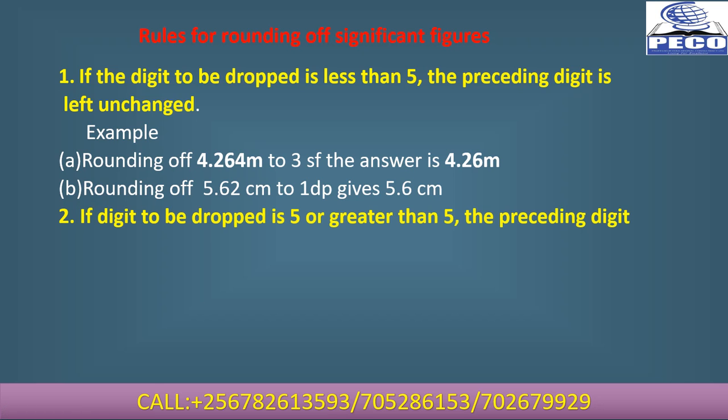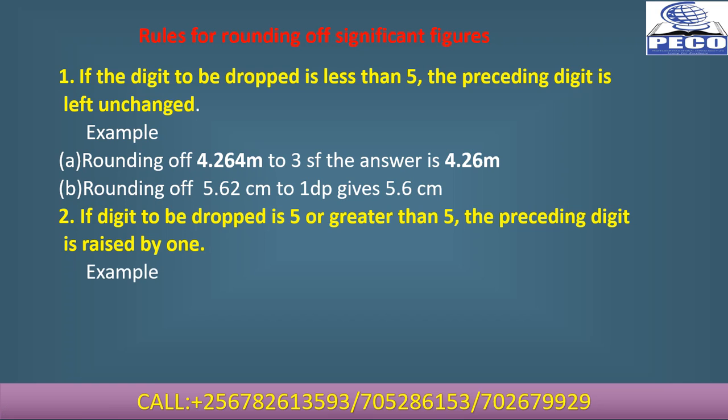Now how about if the digit to be dropped is 5 or greater than 5? The preceding digit is raised by 1. Yes, the digit that comes before the value to drop is raised by 1.